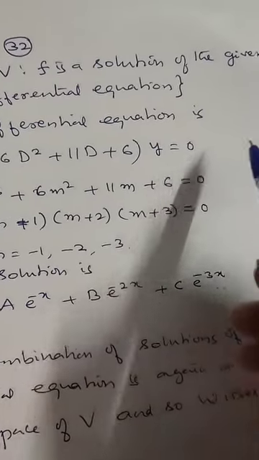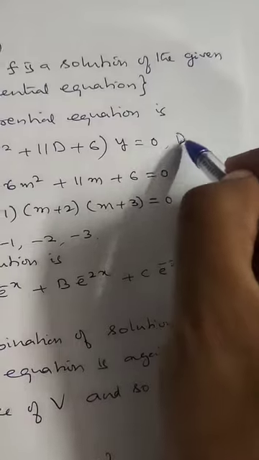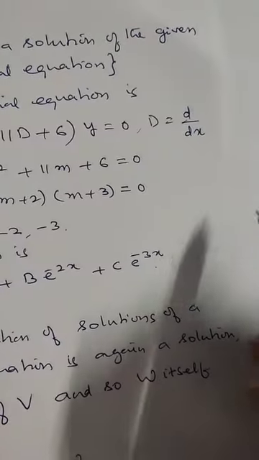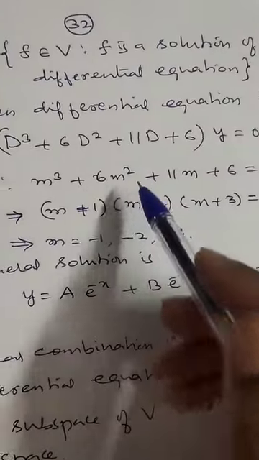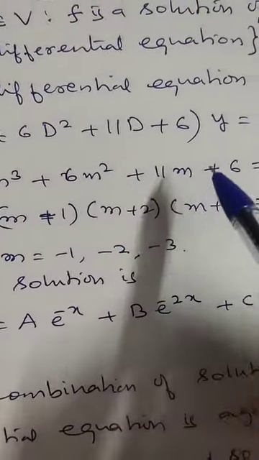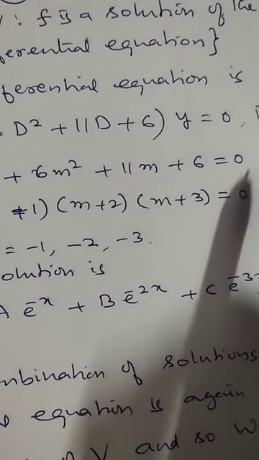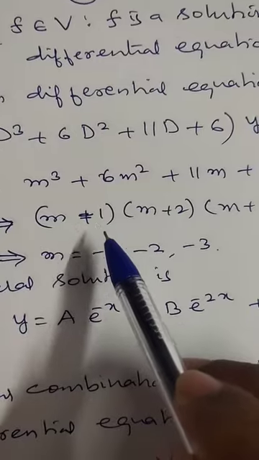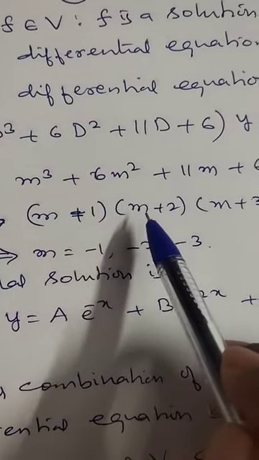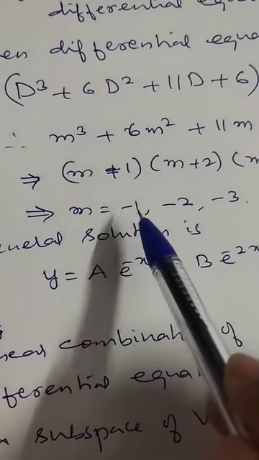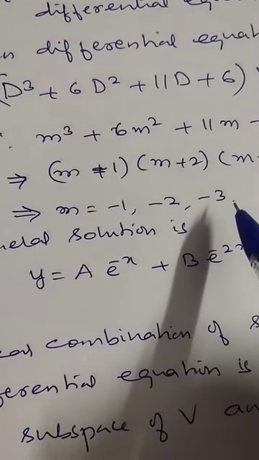This you know, where D is d by dx. So the auxiliary equation is m cube plus 6m square plus 11m plus 6 equal to 0. Therefore it can be factored like this: (m plus 1)(m plus 2)(m plus 3) equal to 0. Therefore the roots are m equal to minus 1, minus 2, minus 3.